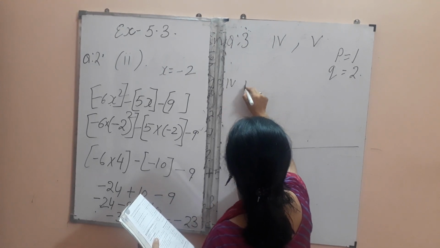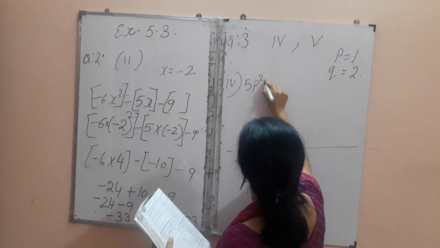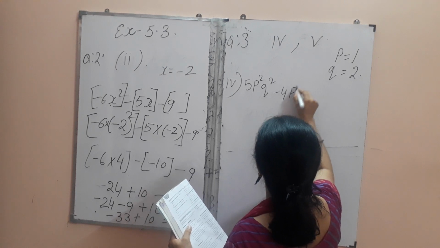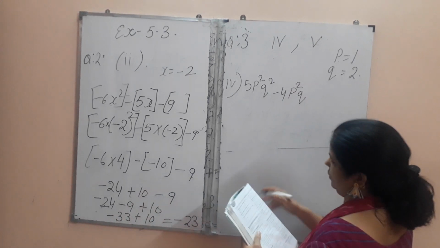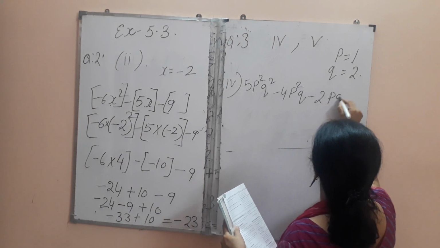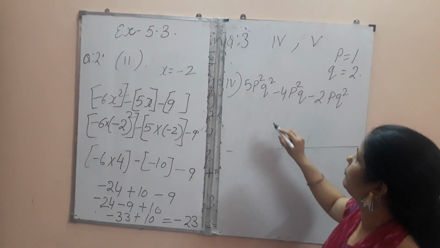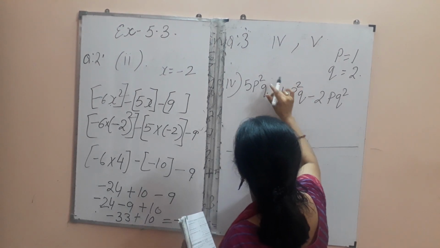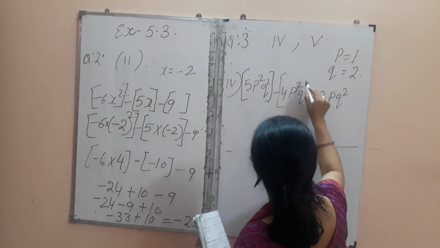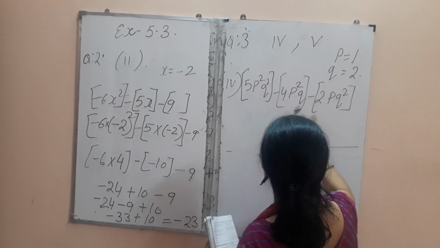The 4th part is 5P square Q square minus 4P square Q minus 2P Q square. Here so many parts are there, so we will first put the terms into the big bracket so that confusion cannot be created.